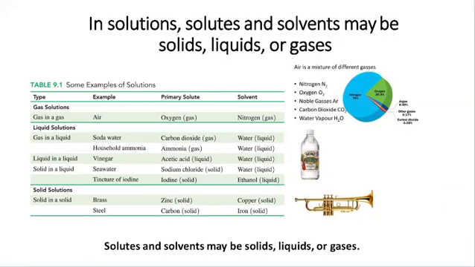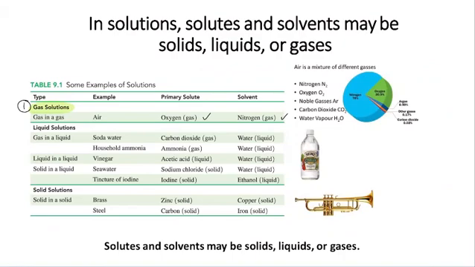So the first example that we have is what we know as a gas solution. And since day one of the semester, we have learned that there are gas solutions present. When you have a gas solution, understand that your solute and your solvent are going to be in gas form, okay?